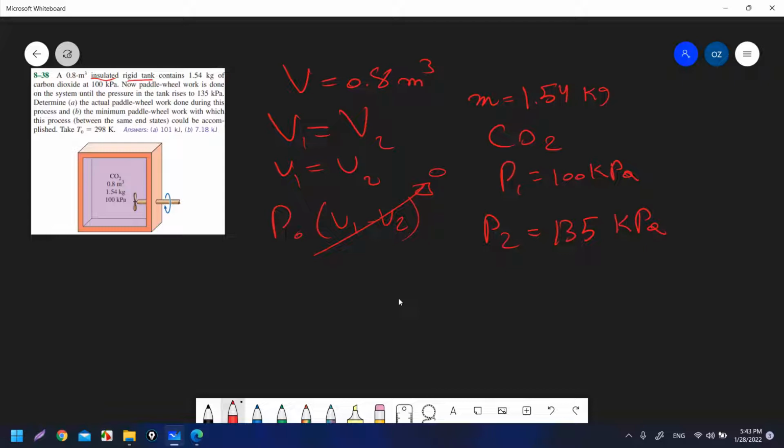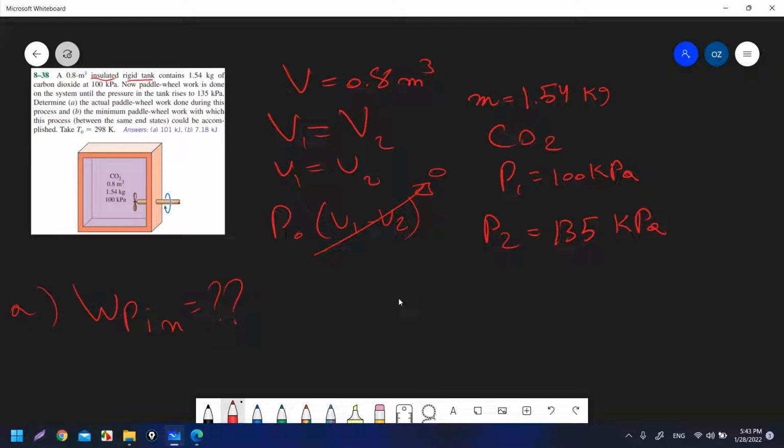Actual paddle work, as you can say, is not related to exergy. So from the bottom line, return back to engineering thermodynamics and use the energy balance and solve for the work. Okay, actual paddle wheel work done during this process. So he wants from me this paddle work W_b,in in part A. And in part B, the minimum paddle wheel work.